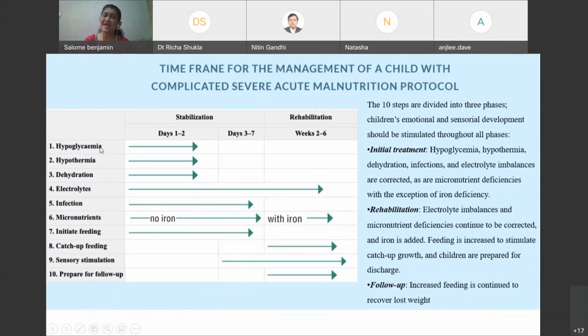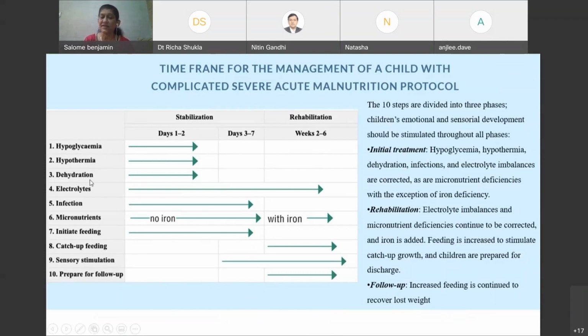As soon as the child comes to the hospital, oxygen is given because he is hypoxic. Then for hypoglycemia, glucose is given, and for hypothermia, the child is wrapped in many blankets or put under a light, and heat is given to the child.